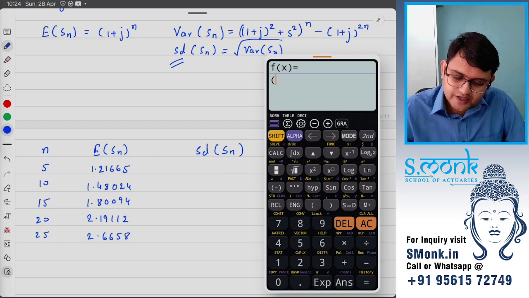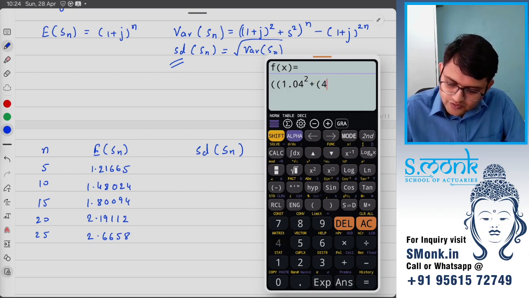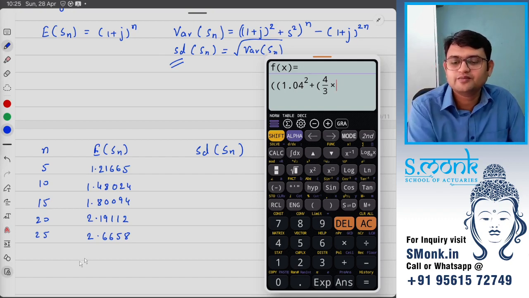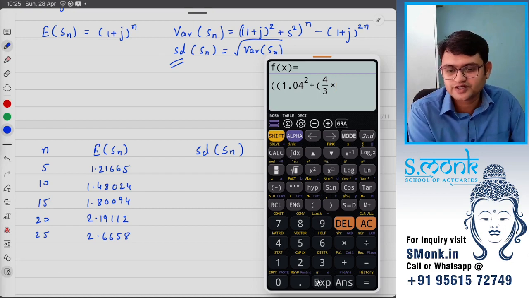So I'll say one bracket, then another bracket, 1.04 raised to 2, and then plus for s, I'll say it is 4 by 3 into 10 raised to, now see, you actually have directly a button in your calculator for 10 raised to. Here it is written exp. This exp also means 10 raised to, and in your physical calculator you will find the 10 raised to button here.